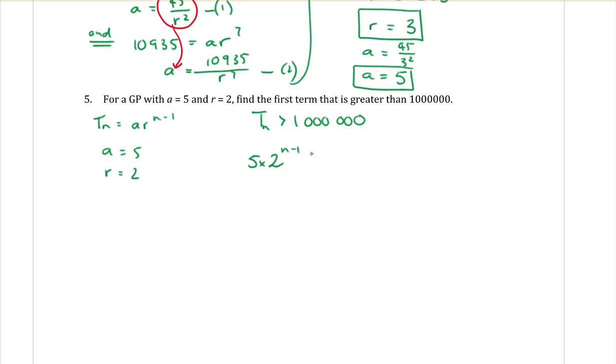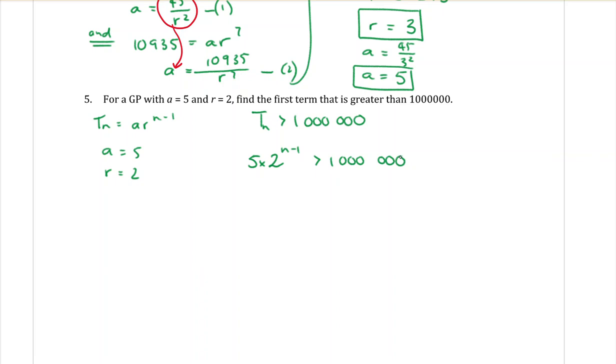That's the general form of my term. That has to be greater than 1 million. Now I have to solve that to find n. Do not times the 5 and the 2 together. I have to divide the 5 across to that side.